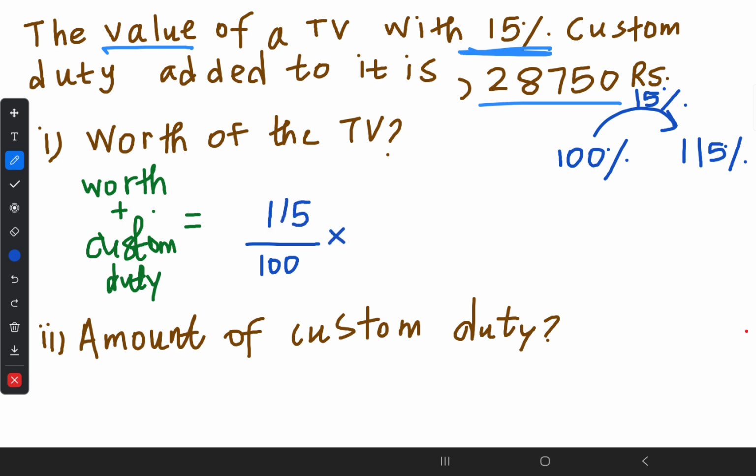We don't know the original worth of the TV, so I will make it X.